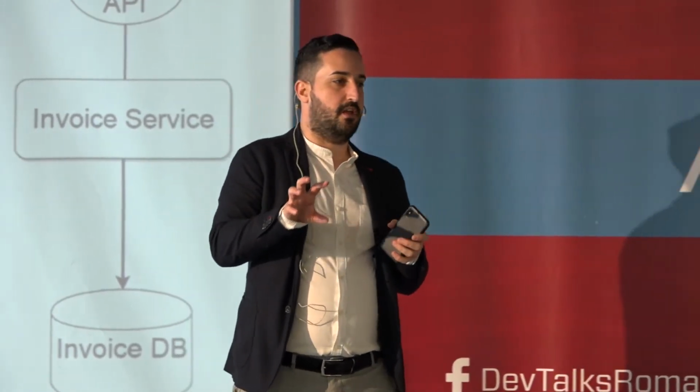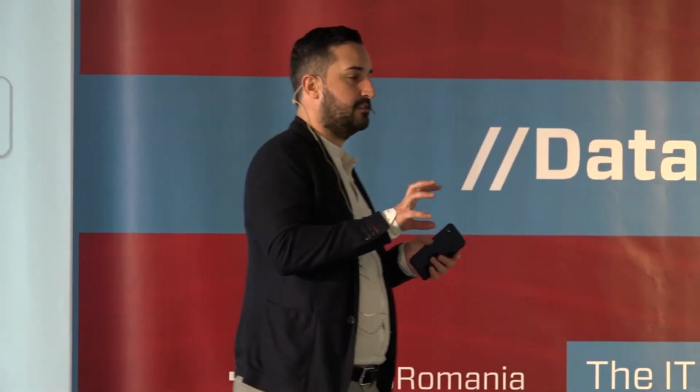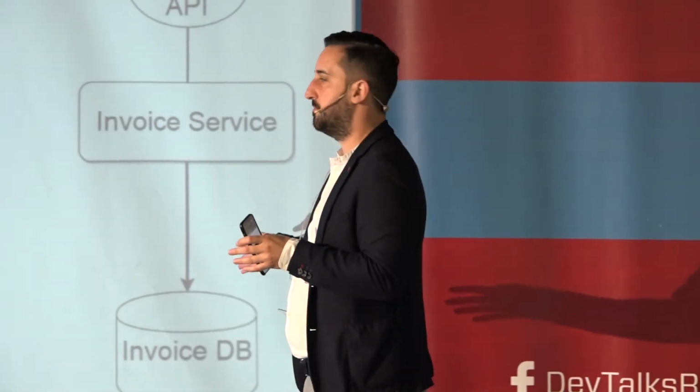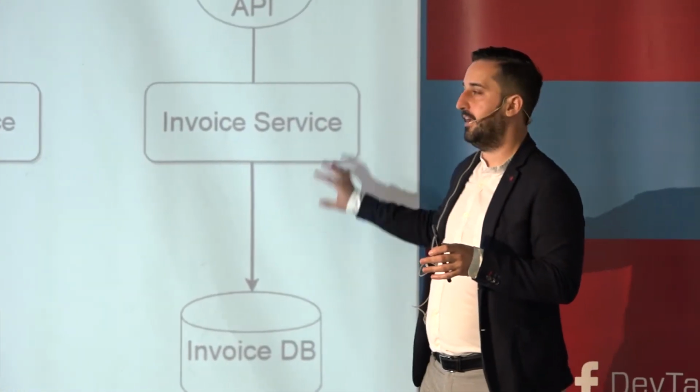But every service can only access its own schema. Every service owns one schema. Services cannot own multiple schemas, so this is basically just a one-to-one relationship between the schema and the service.